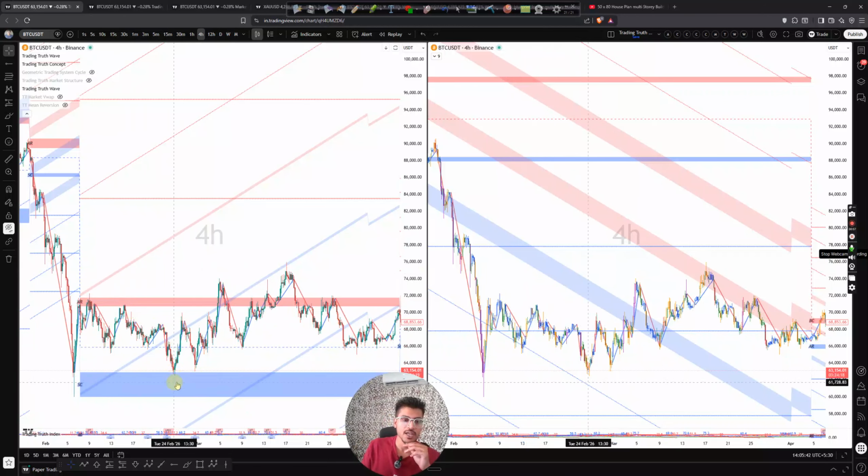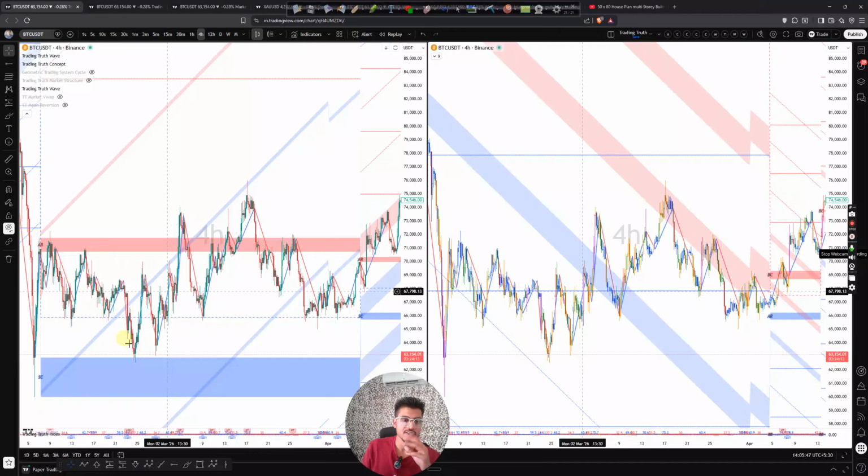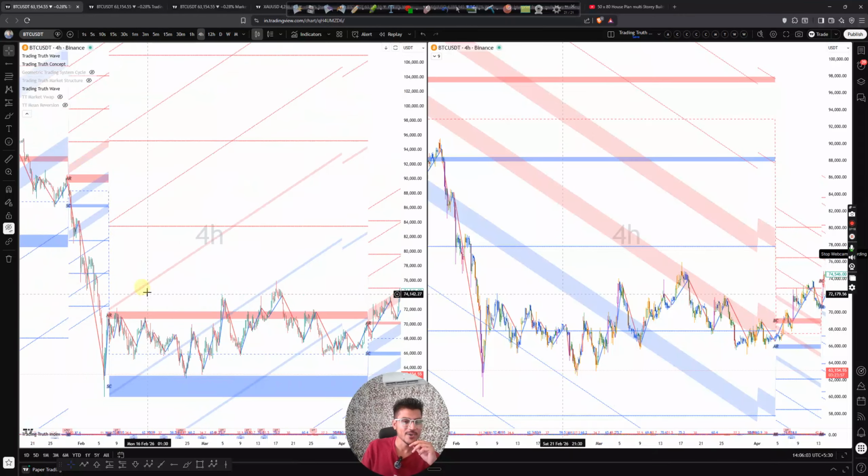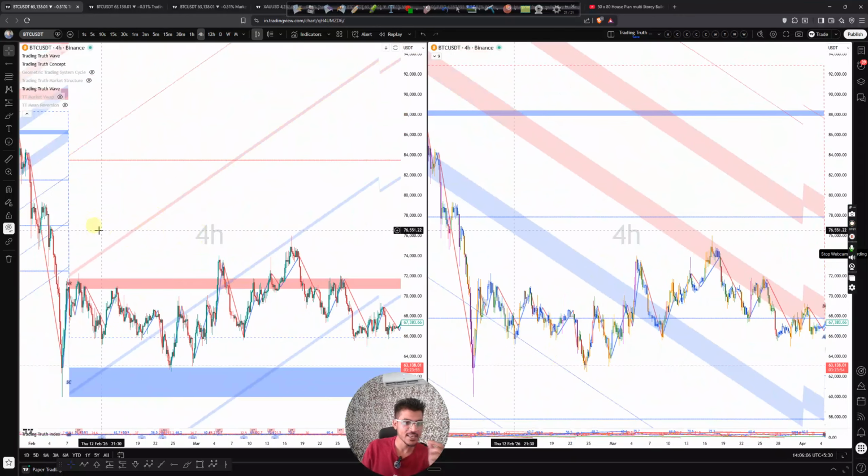You can think of it as an institutional headquarter. Institutional headquarters are not just buying, they are also selling, guys. They are buyers and they are sellers, both of them are one.